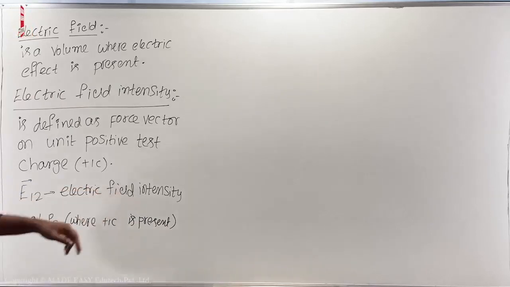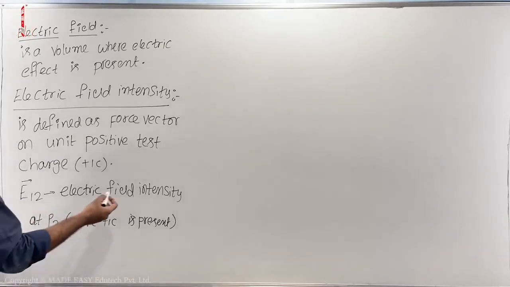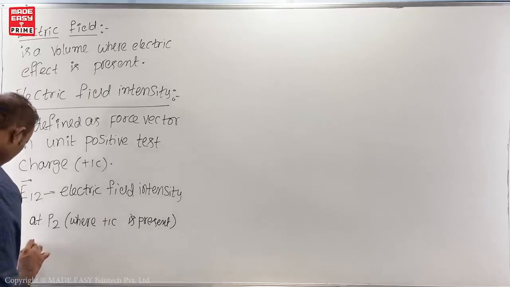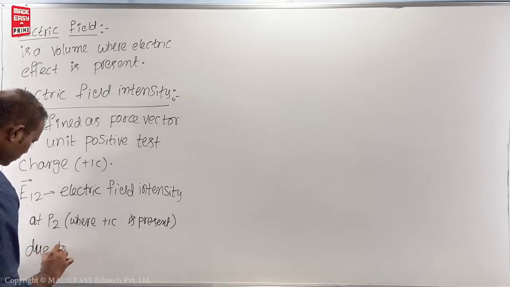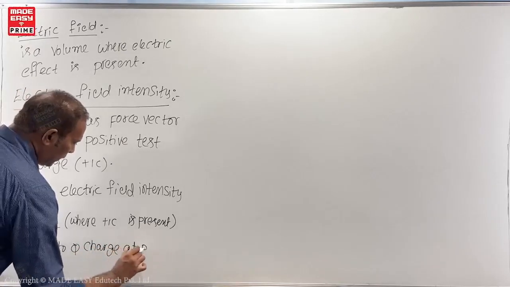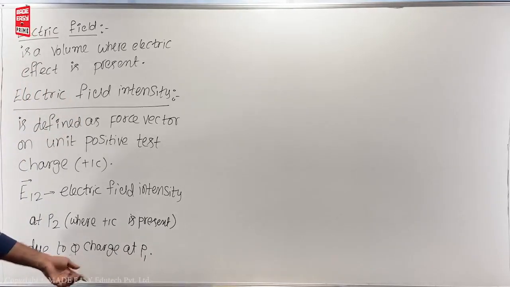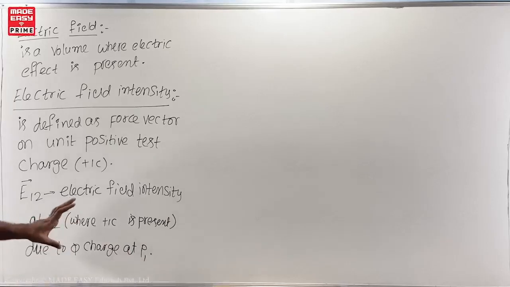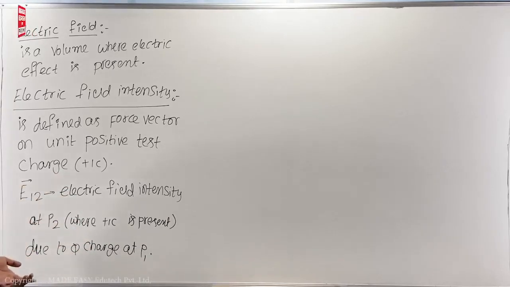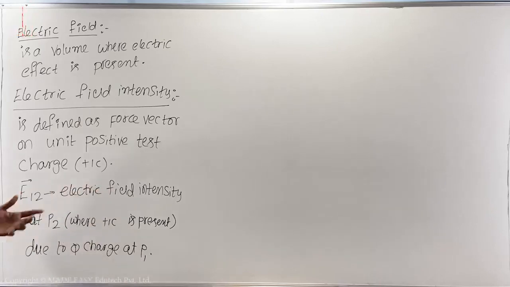Actually, if you want electric field intensity at point 2, then you have to put a 1 coulomb charge at point 2. Okay, electric field intensity at point 2 due to Q charge at point 1. The meaning is, if there is a Q charge source at point 1 location, then it generates an electric field in some volume. In that volume at point 2 location, if you put 1 coulomb, then you can measure the force on that. That is called electric field intensity.